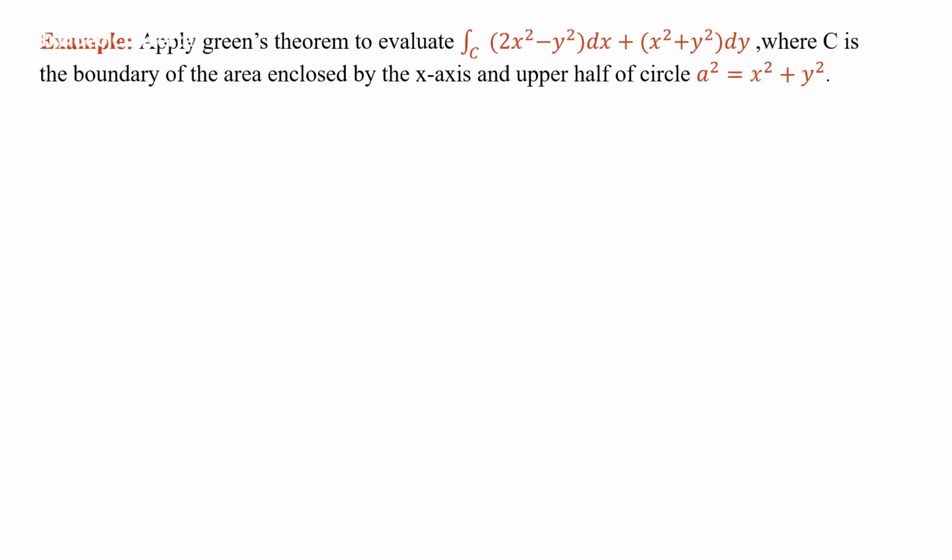Example, apply the Green Theorem to evaluate the line integral of 2x square minus y square dx plus x square y square dy, where C is the boundary of the area enclosed by the x-axis and the upper half of the circle x square plus y square equal to a square.